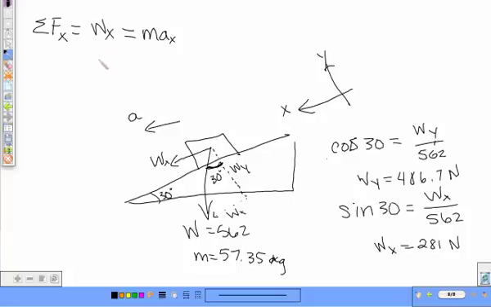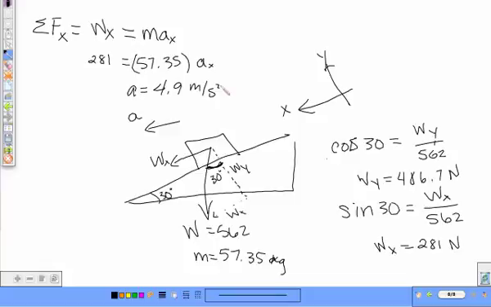So we have WX is 281. We have the mass of 57.35. And so now we can find the acceleration. 4.9.